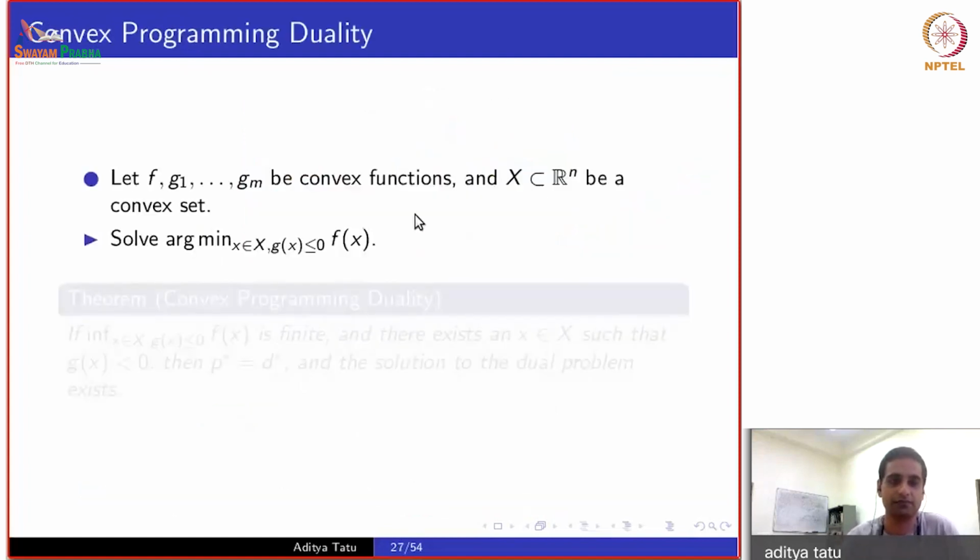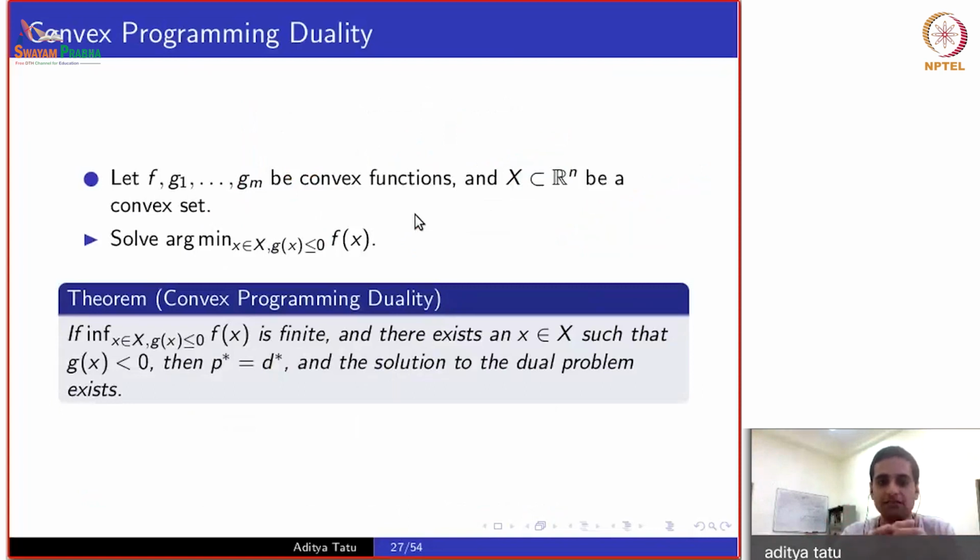I will not prove this, I'll just give you one set of conditions: if my objective function and inequality constraints satisfy them, then strong duality is guaranteed. That is a theorem called convex programming duality.